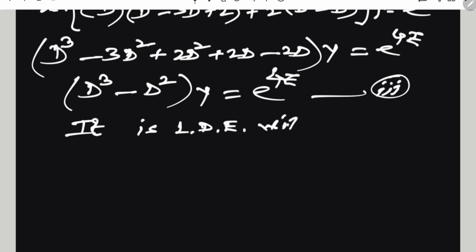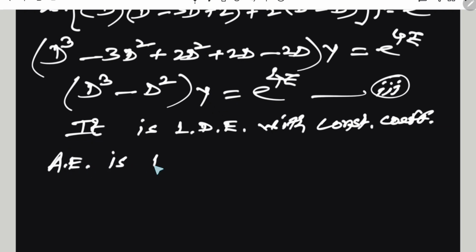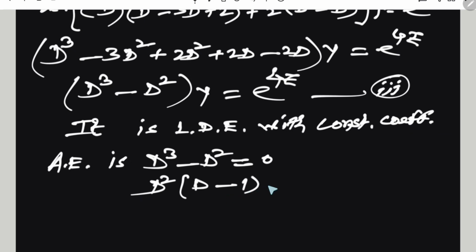Therefore, we solve this linear differential equation by finding CF and PI. For CF, the auxiliary equation is D cube minus D square equals 0, meaning taking D square common, we get D square into bracket D minus 1 equals 0. Equating each term to 0, we get D equals 0, 0 and D equals 1. The first two roots are real and repeated, and the last one is non-repeated.